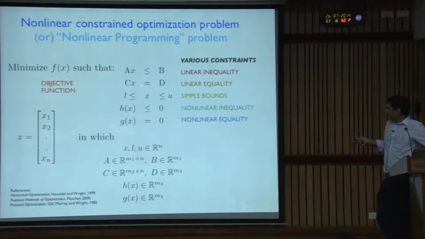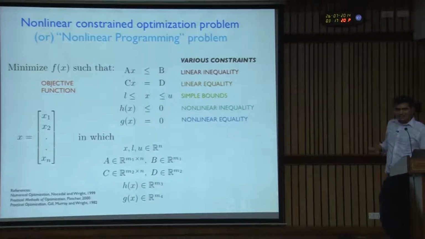If you say x equals 5, that can be rewritten as x greater than or equal to 5, and x less than or equal to 5. Those 2 inequality constraints imply x equals 5. So there is redundancy in this description, but it's nice to have these separate classes because if you know the constraints are of a certain form, you can actually exploit that. Did someone have a question? No.